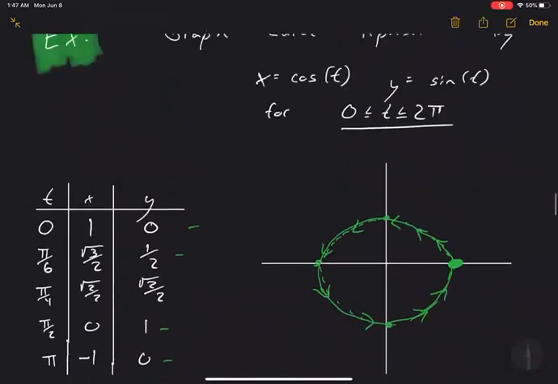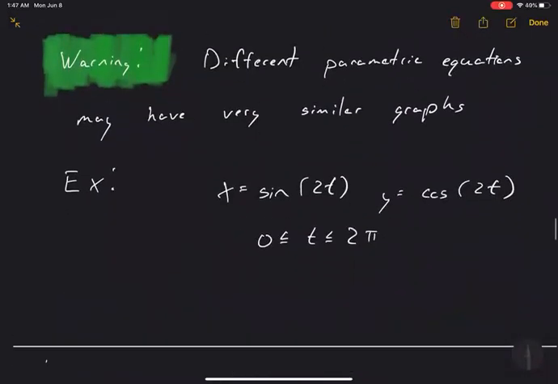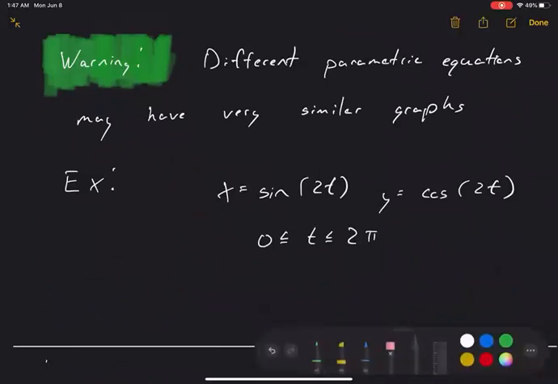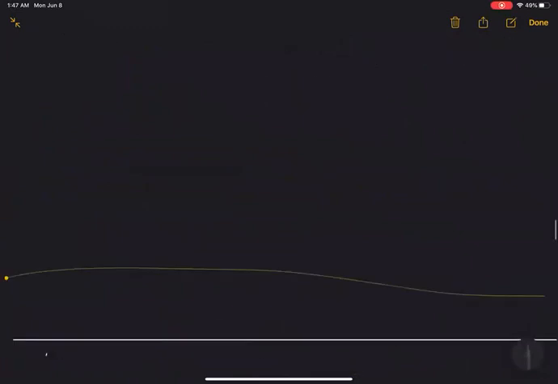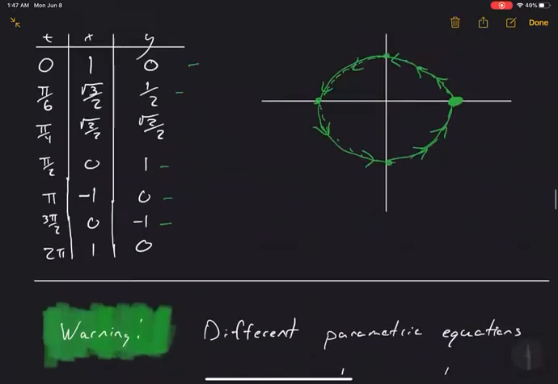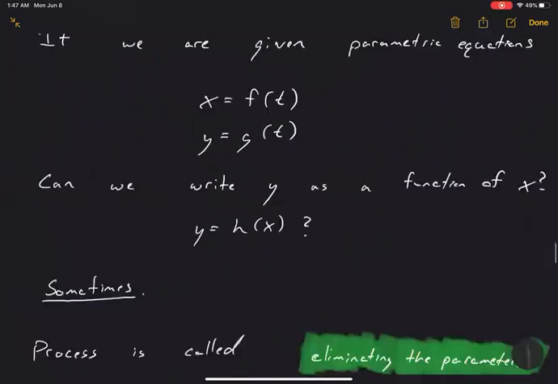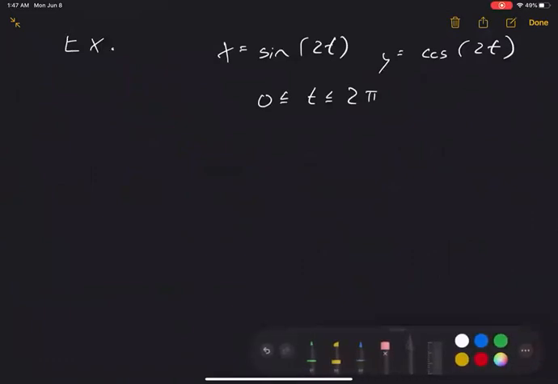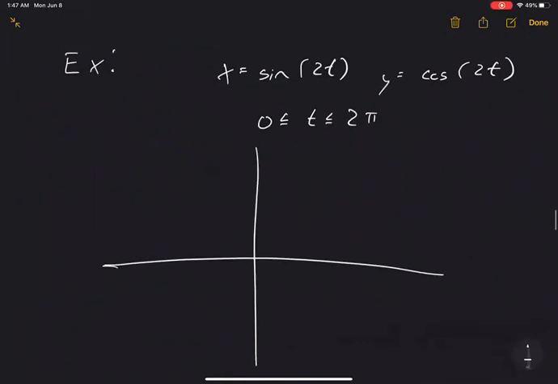This should give the same exact circle as this one, but it should be going in the other direction. Okay. So let's see, what should this look like? Excuse me. This should be a circle. Let's see, where would it start?